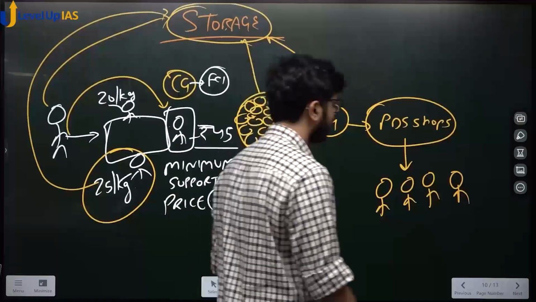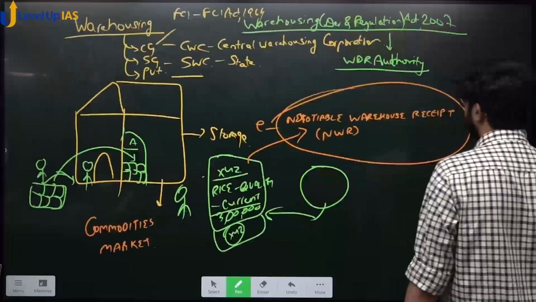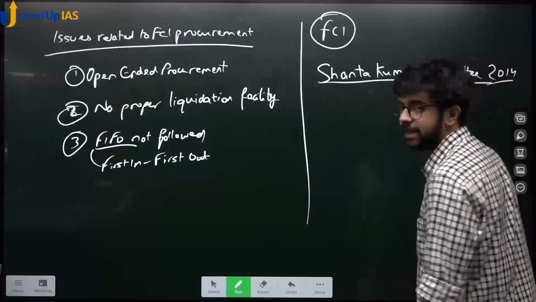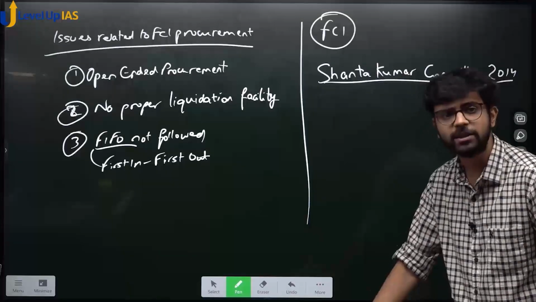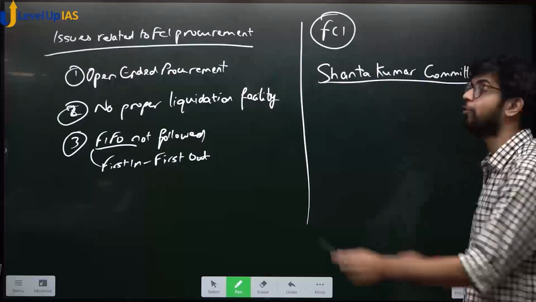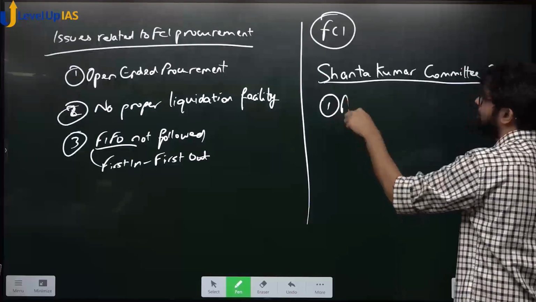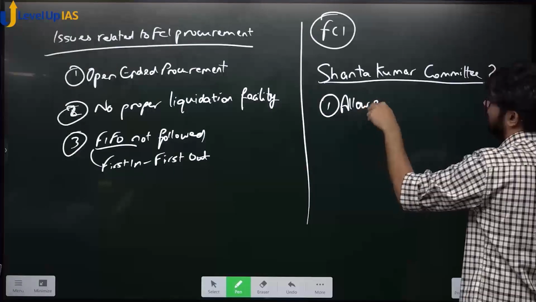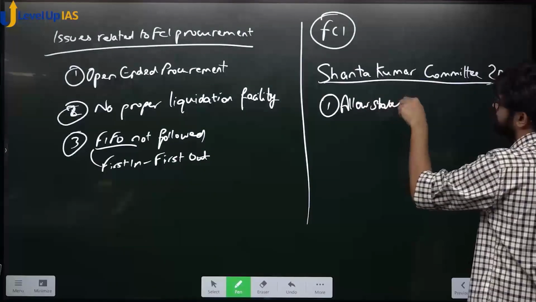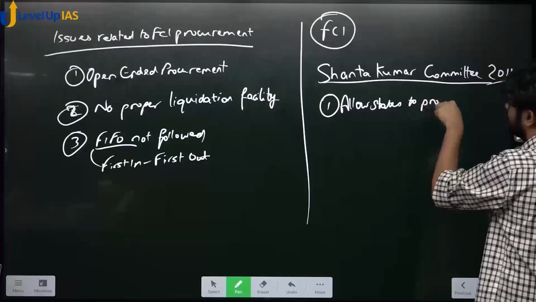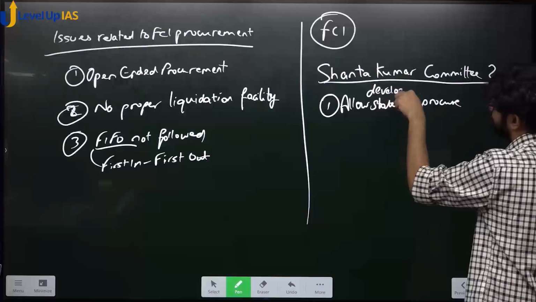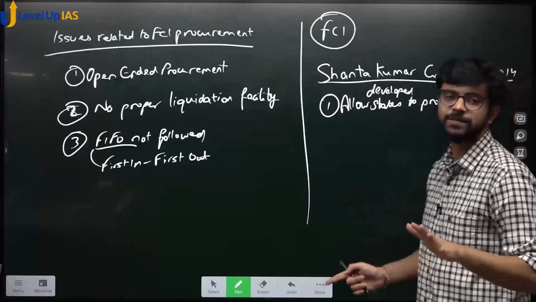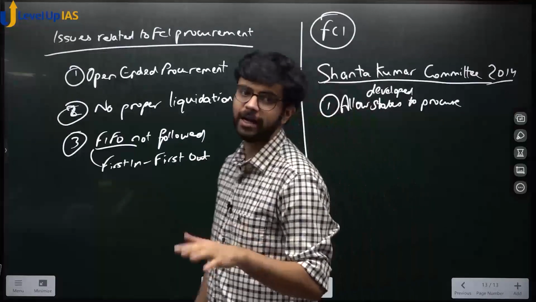The first recommendation the Shanta Kumar committee gave was: those states which have the expertise, give procurement to them. Allow states to procure. I would say allow developed states to procure. We have 5-6 states considered agriculturally developed in India.